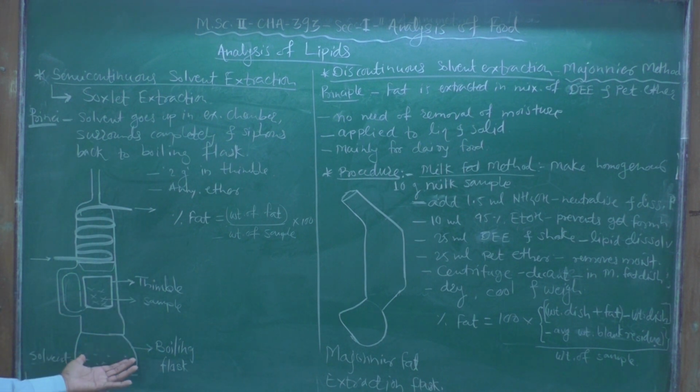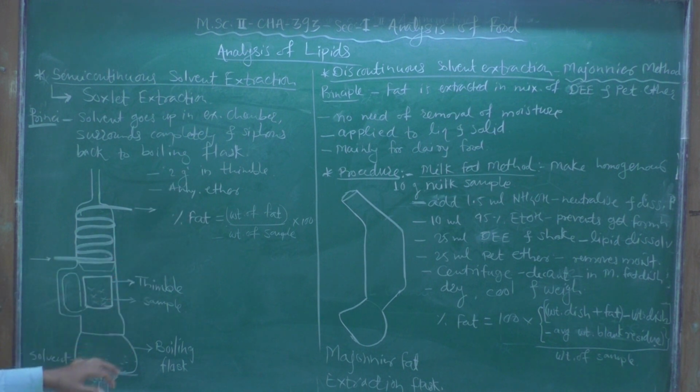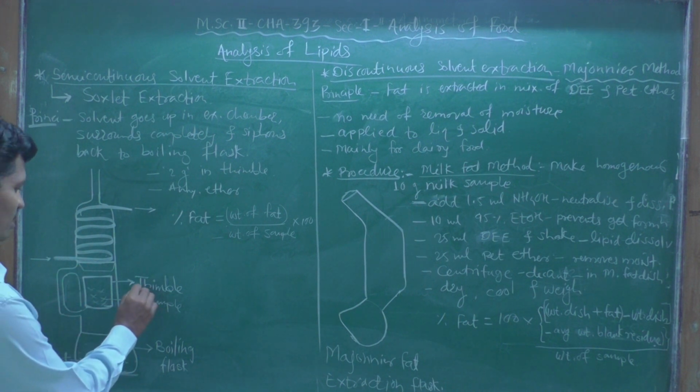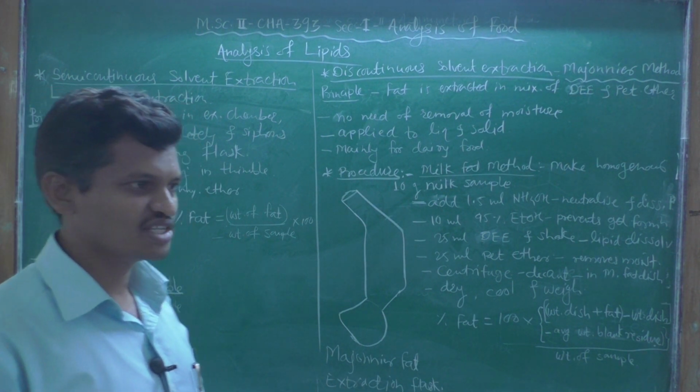The sample is taken along with the solvent in the boiling flask, and generally anhydrous ether solvent is used here. This pouch-like material is known as the thimble, and it is porous in nature.